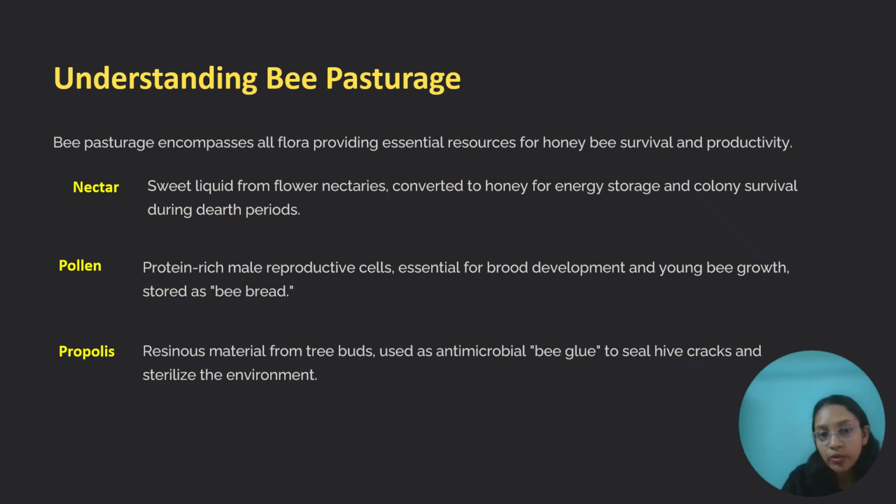Nectar is a sweet liquid from the flower nectaries. These are converted to honey for energy storage and colony survival during the dearth periods. Pollen, these are protein rich male reproductive cells which are essential for brood development and young bee growth. These are stored as bee bread.